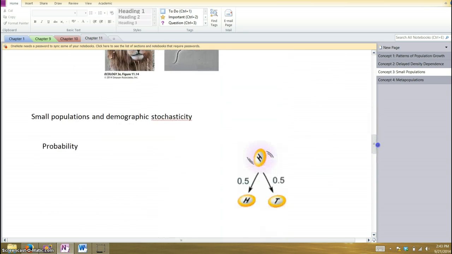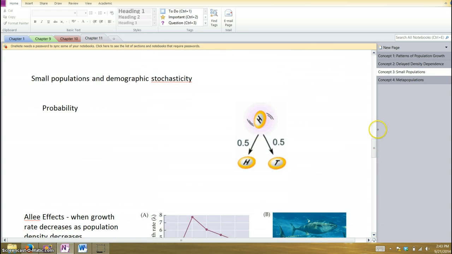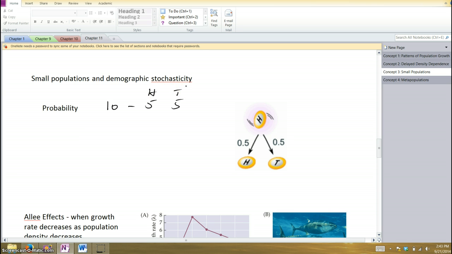Let's think about probability for a second. If we flip a coin, we have a 50% chance of getting a heads or a tail. Now, when you flip that coin several times, let's say you flip it 10 times, on average, you should get 5 and 5, 5 heads and 5 tails.